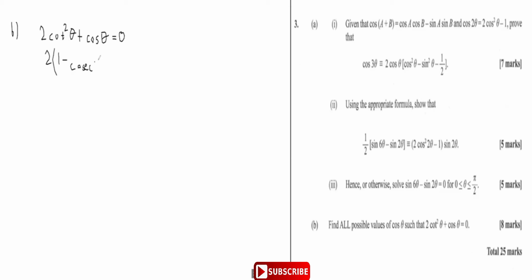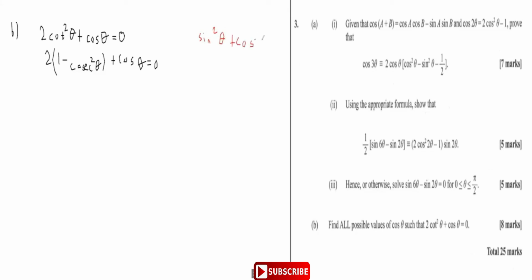That's 2 times 1 minus cosec squared plus cos theta. And if you don't remember these identities, it always stems back from these principles. I know a lot of times we forget these ones. The main one that we remember is sine squared plus cos squared equal to 1.